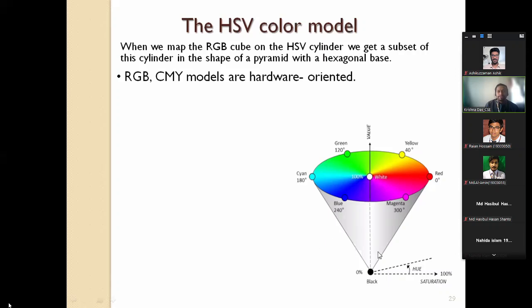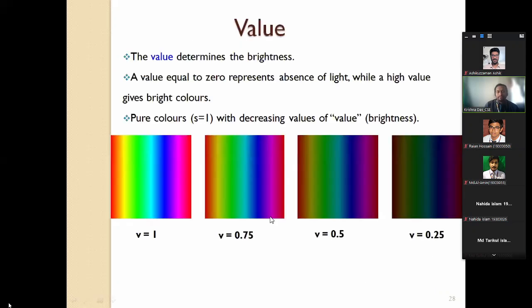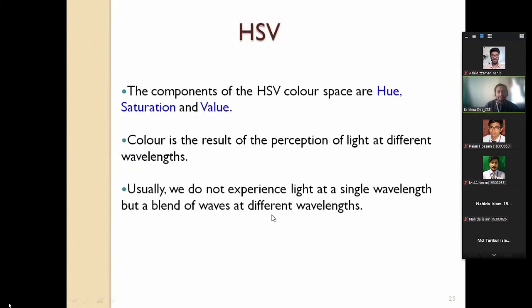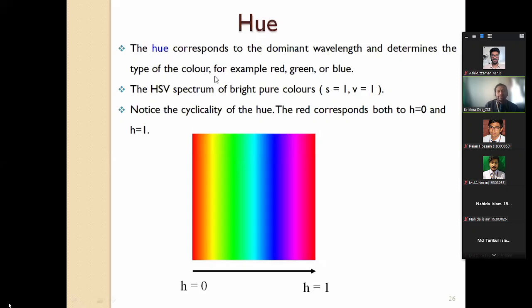So that gives you the type of the color with its dominant wavelength. The hue says the type of the color, the dominant wavelength, and determines the type of the color. So whenever you consider hue, just remember that this is telling about the type of the color.